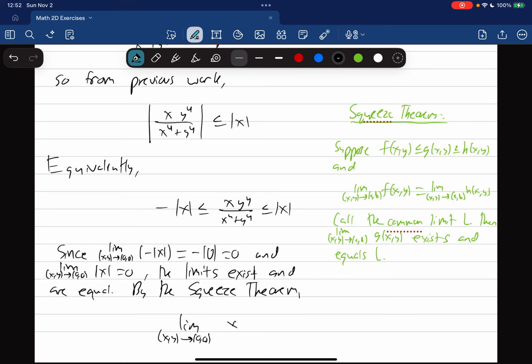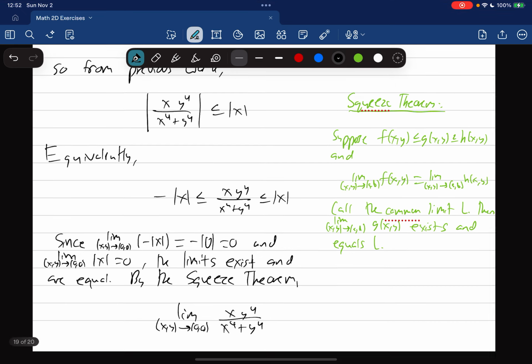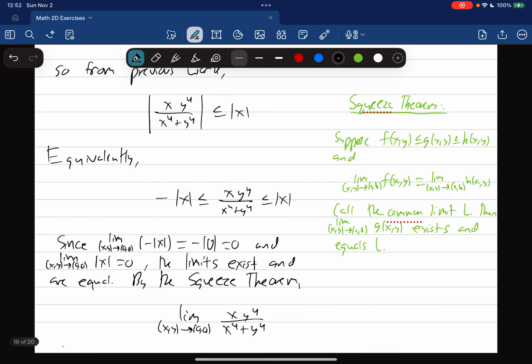So by the squeeze theorem, the limit of our middle function exists and equals 0, sorry. I read the exponents and I said 4 by accident.